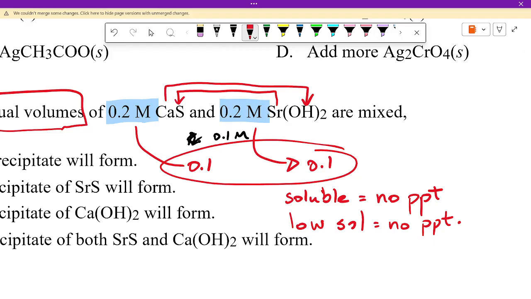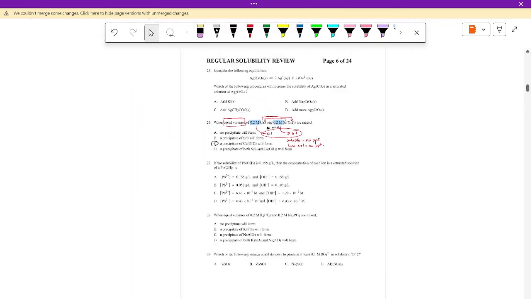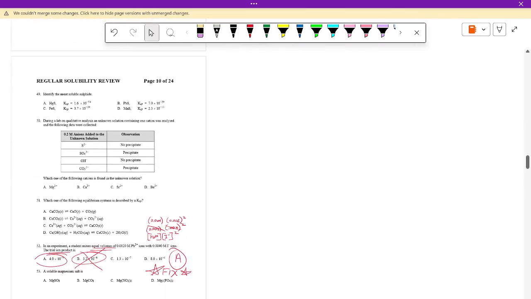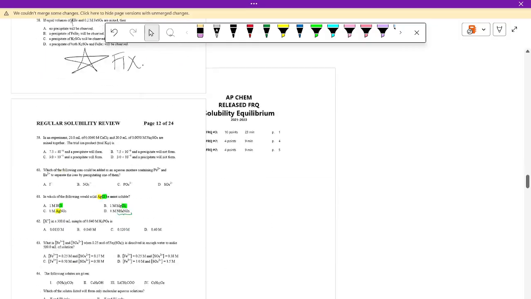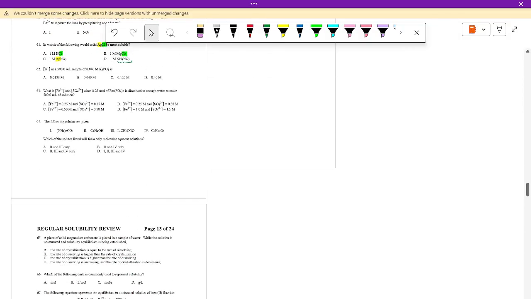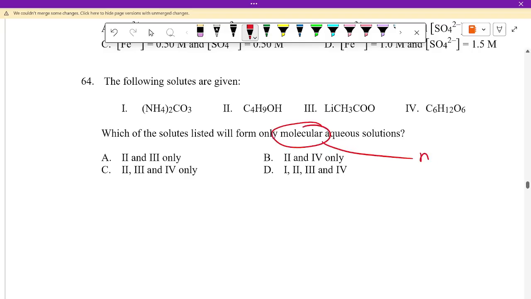For 64, does molecular aqueous solution just mean aqueous solution? Molecular aqueous solution means no ions. So a molecular solution means no ions in solution.